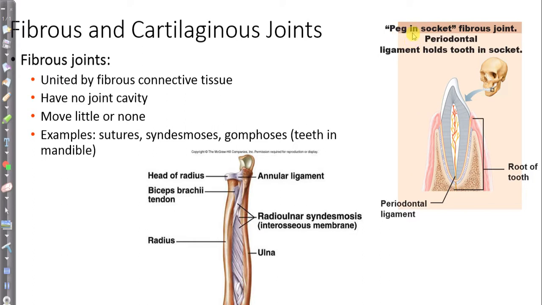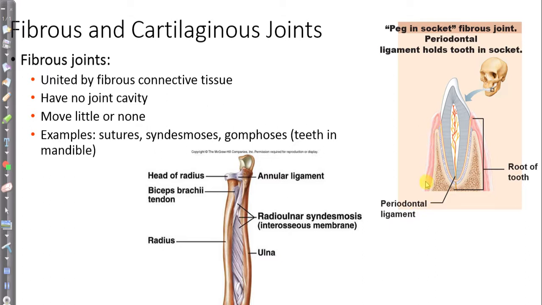This idea of gomphoses actually means peg in a socket. We think about our teeth as being pegs, and they're held in the sockets by these periodontal ligaments. These ligaments you see here hold the tooth in the sockets.